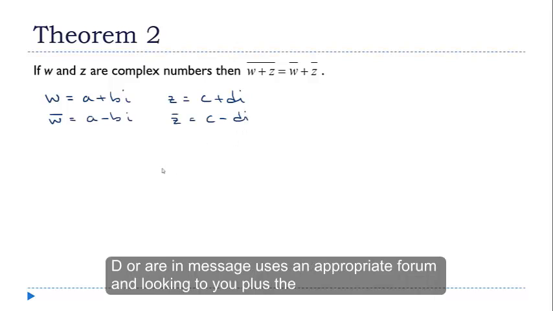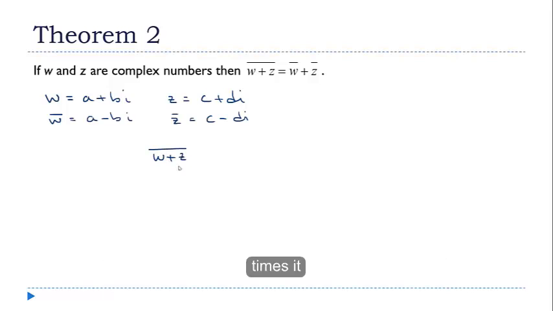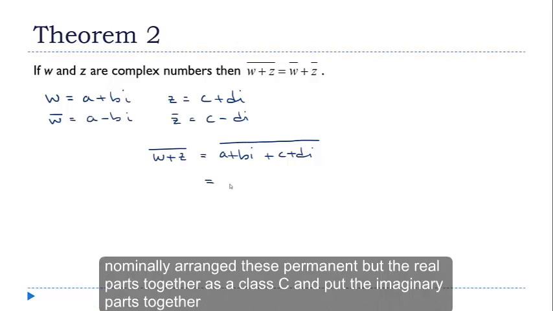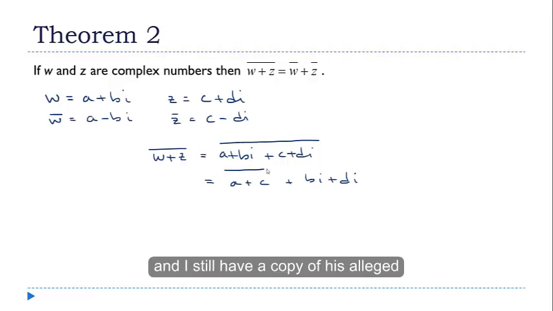Now let's use the same approach I used before. I'm going to look at the conjugate of w plus z. This is the conjugate of a plus bi plus c plus di. I just did a direct substitution for w and z. Now I'm going to rearrange these terms. I'm going to put the real parts together, that's a plus c, and I'm going to put the imaginary parts together, and I still have the conjugate of this whole thing.